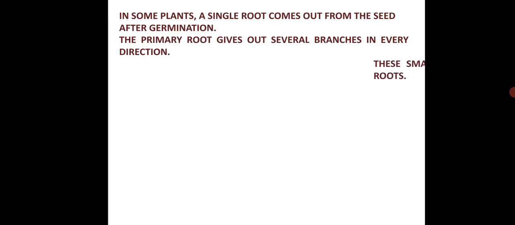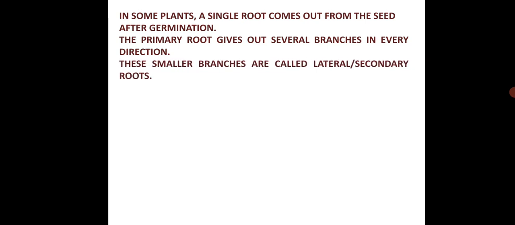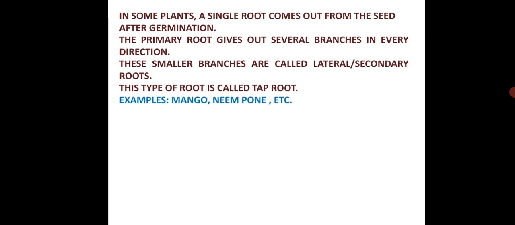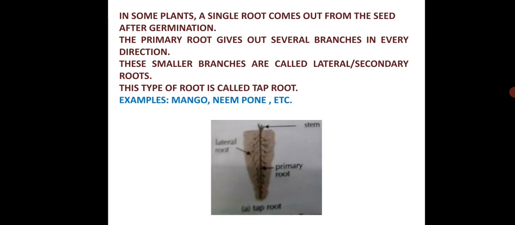The smaller branches are called lateral or secondary roots. This type of root is called taproot. Mango, neem, pine, carrot, radish are examples of plants in which taproot is found.